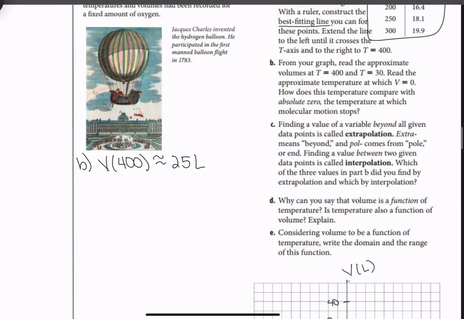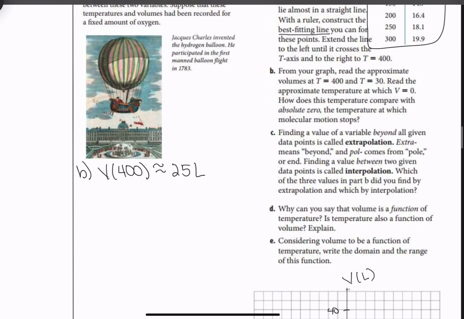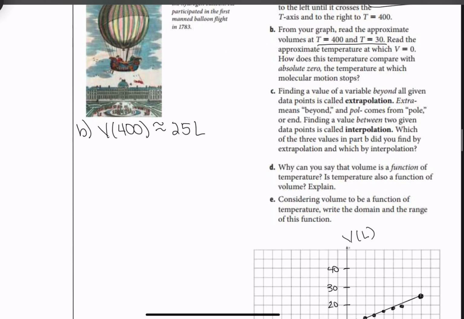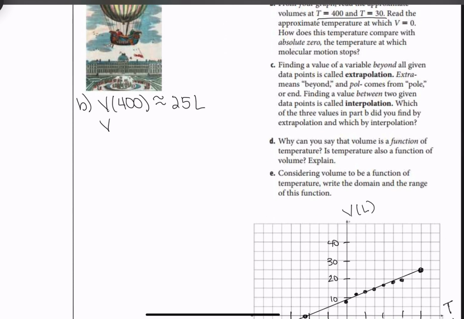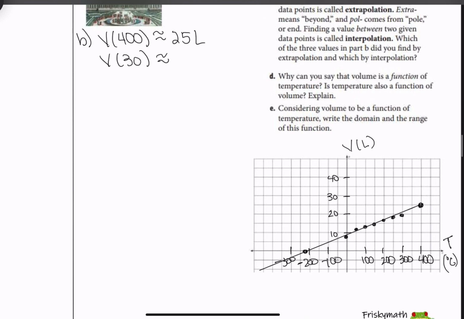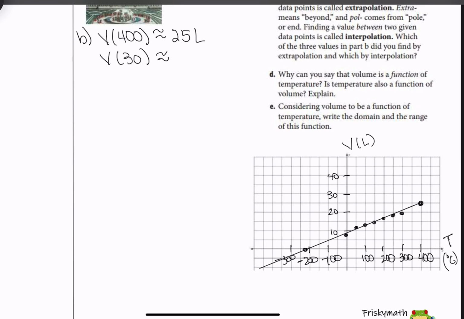And the other one they wanted was at t equals 30. V of 30 is approximately, I'm going to have to approximate this, so it's about here. Let's say it's about 10 liters.